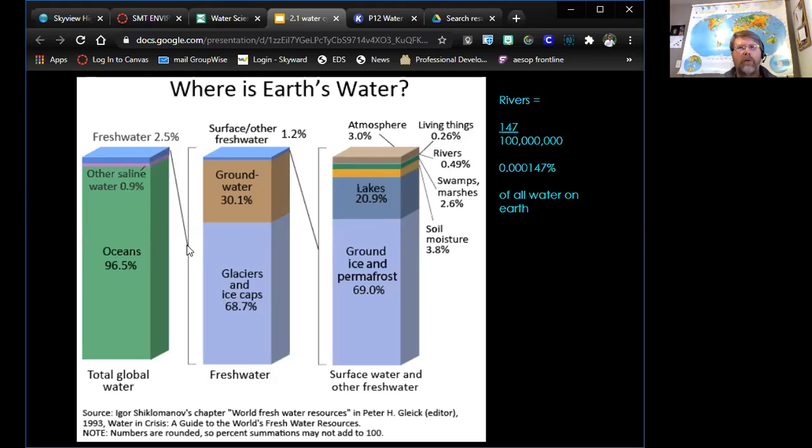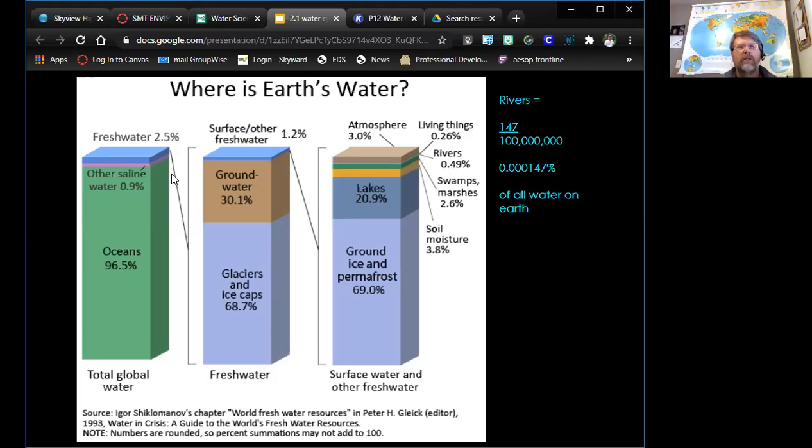So we rely for our survival on this 2.5% of fresh water. That 2.5% gets broken down into other things that we still can't use. Glaciers and ice caps. If we're talking about the tops of the mountains where the ice stays permanently frozen all year long, that is a glacier, and it stays a glacier for thousands of years.